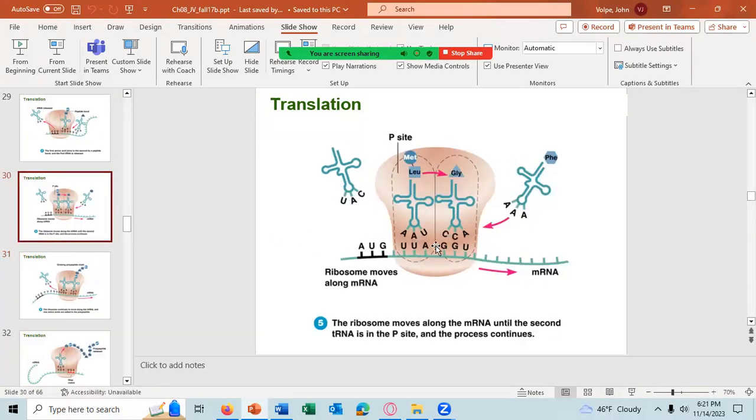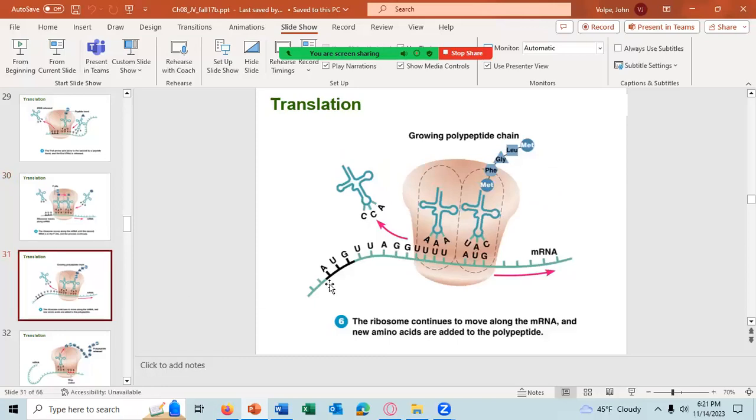The point is that once again, the ribosome will move down when this amino acid is removed from this tRNA and this tRNA falls out. And that will make the ribosome move down another codon. And then another tRNA will come in the second position of the ribosome, bringing in the correct amino acid.